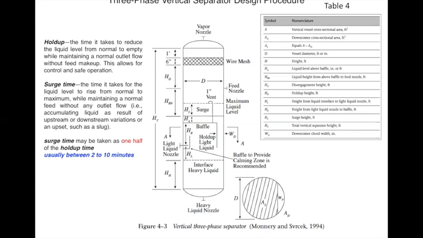Further, once there is a disengagement section, there is a surge column. This is the normal liquid level which is maintained, and this is the surge, the height where the maximum liquid level is. This is the surge height, and you can see there is a dark line here.